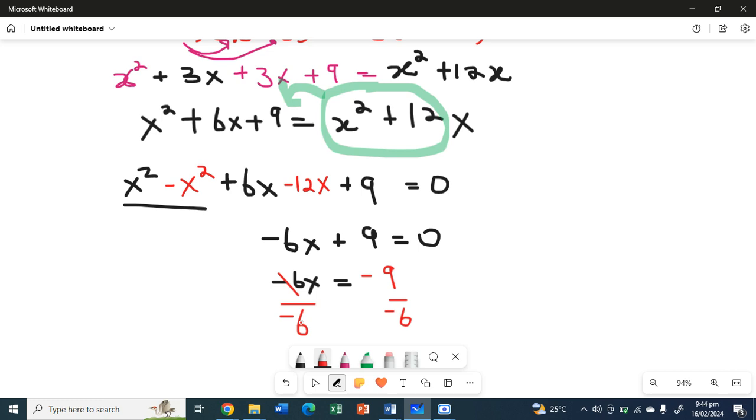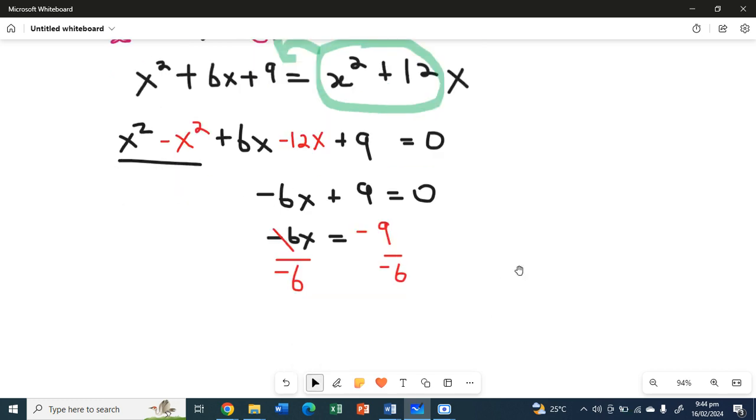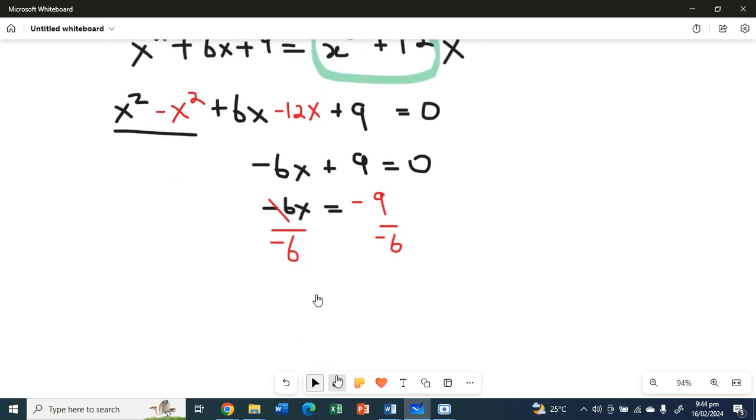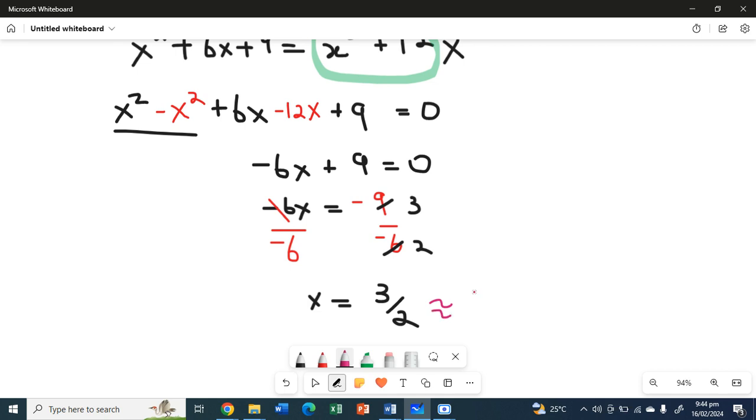Negative 6 divided by negative 6, they cancel. So x, here we can simplify this. 3 goes into 9 3 times. 3 goes into 6 2 times. So you can say x equals 3 over 2. Or if you want to put it as a decimal, we say 1.5. So that is our value for x.